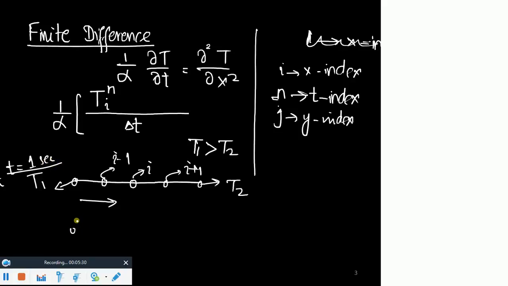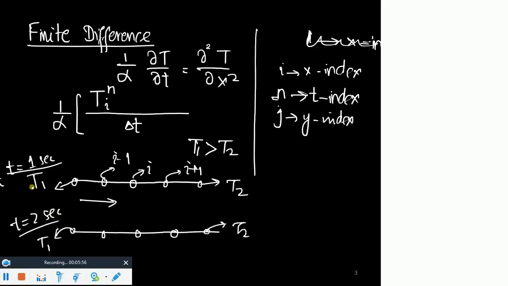So if I move in time, it means I am taking more and more pictures, isn't it? I would take another picture at the next time level. Let's say at the next time level, I would have this T2, this T1, and the same nodes, but now they would have some different temperature. Why? Because the system is evolving with respect to time. So this may be at t equals 2 seconds. If this is the second picture and this is the first picture, what would be delta t?